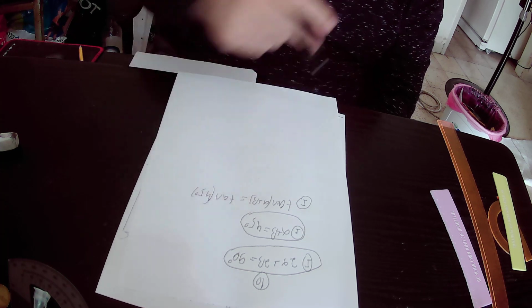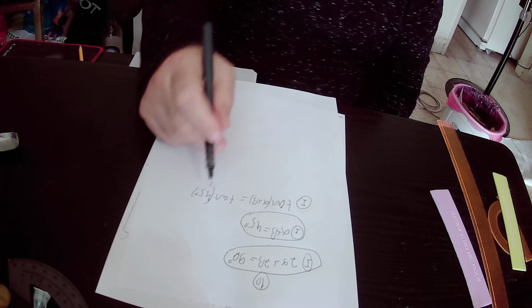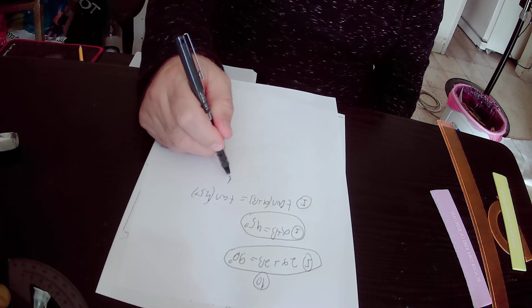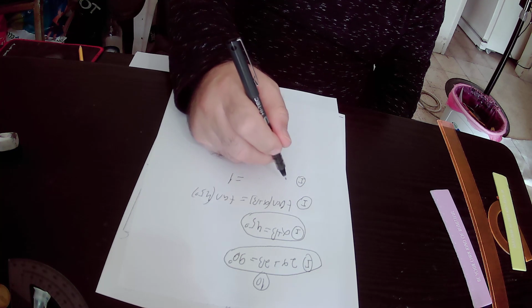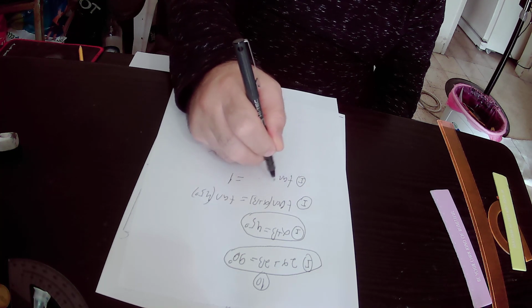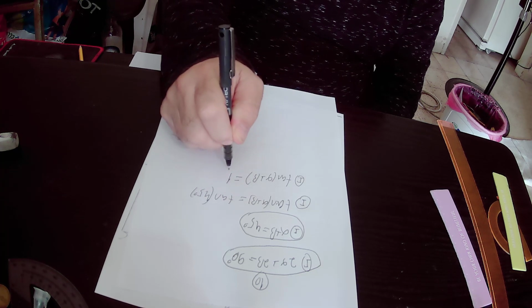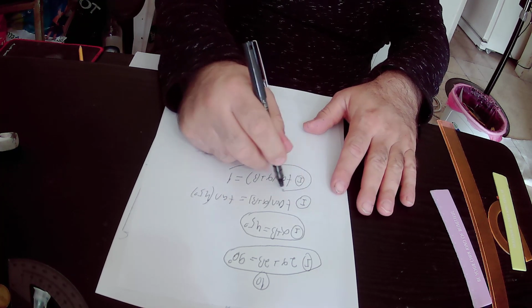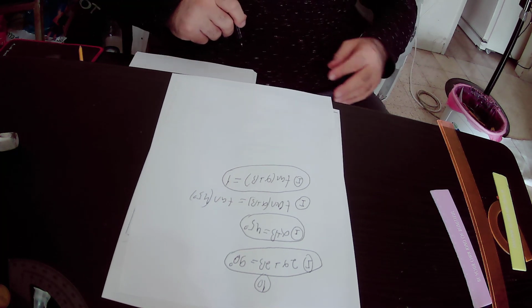Very simple. We know that tangent of 45 degrees is 1. So tangent of alpha plus beta equals 1.